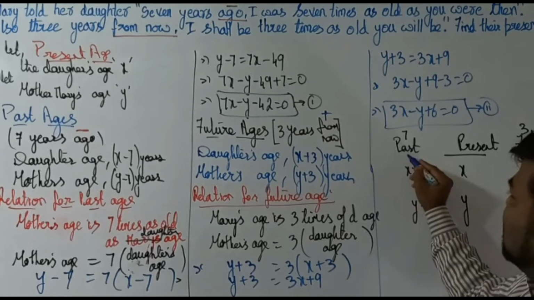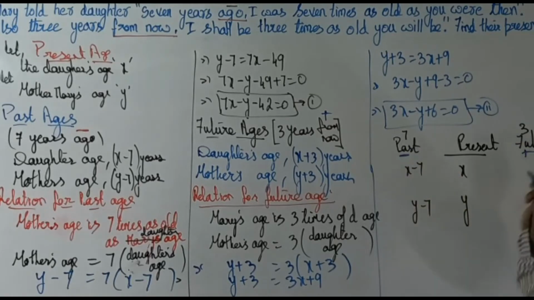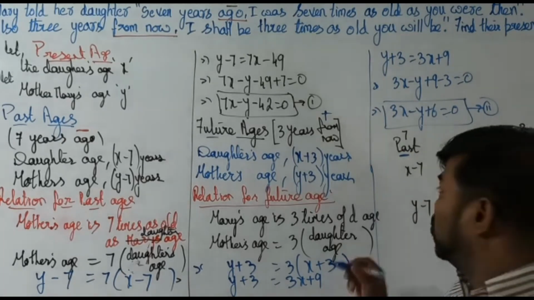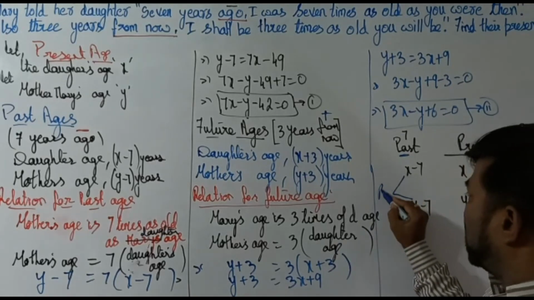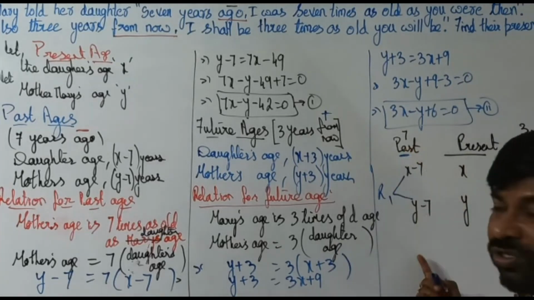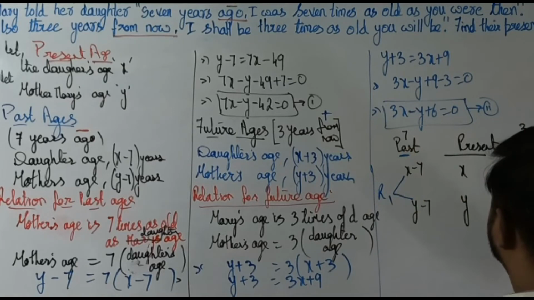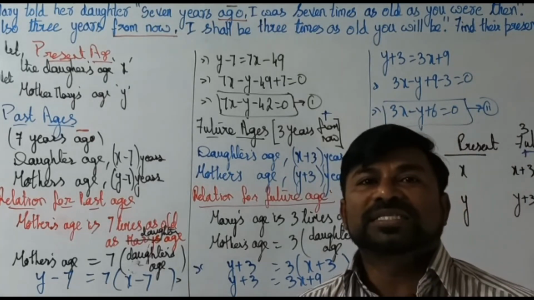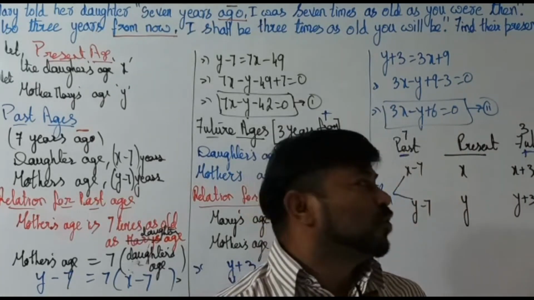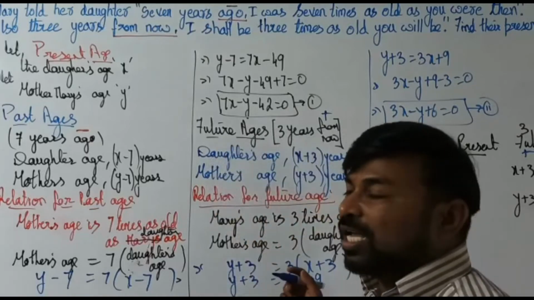So this is minus and this is plus: x plus 3 and y plus 3. He has given relation 1 based upon the past ages, and relation 2 based upon the future.